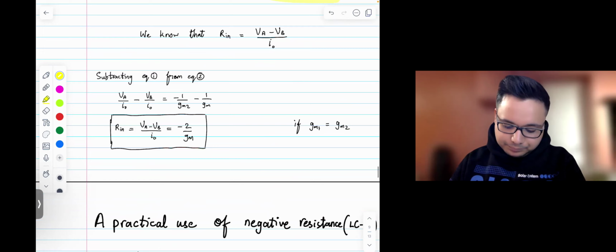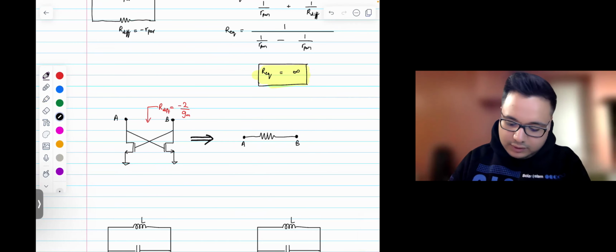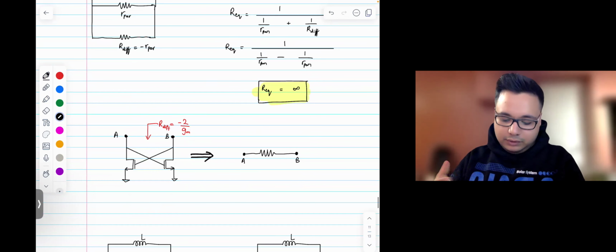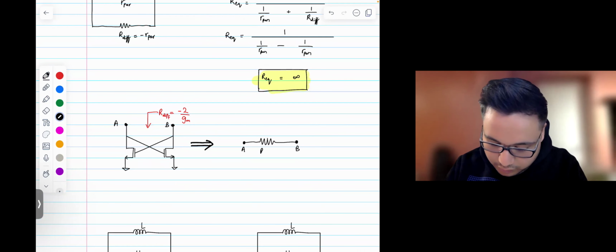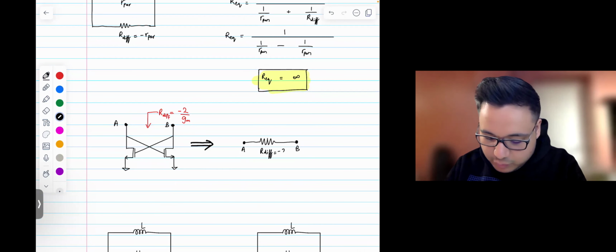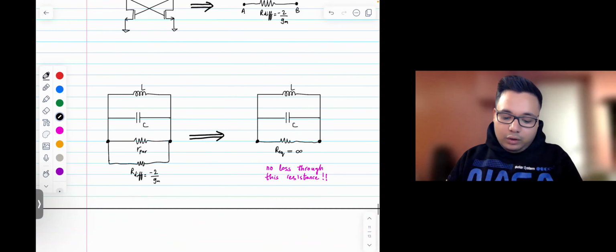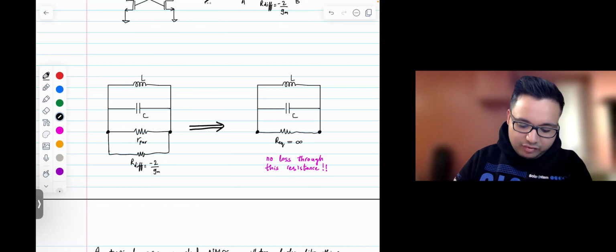So in other words, if this resistance is between nodes A and B, then the equivalent representation of this differential resistance would be RDEF between nodes A and B, and the value of it would be -2/Gm.